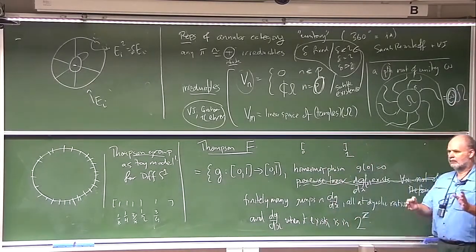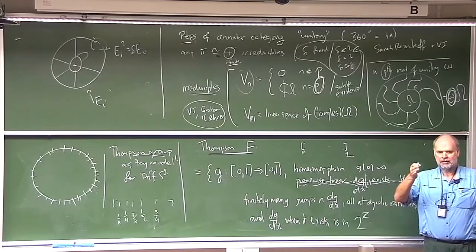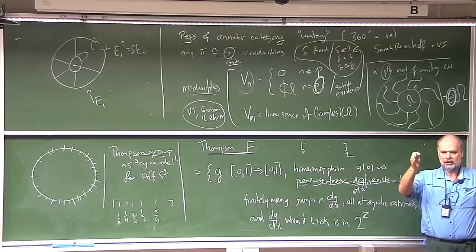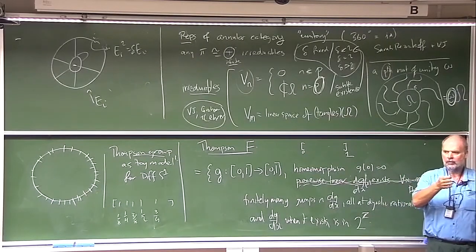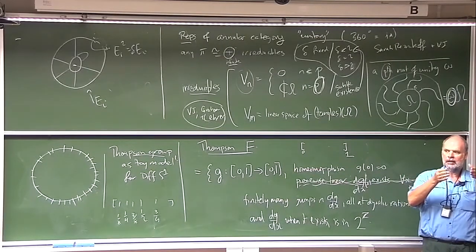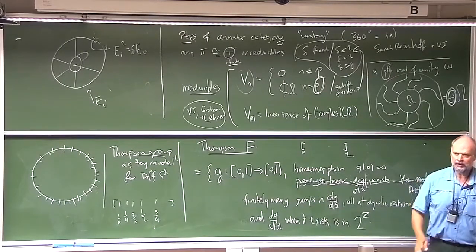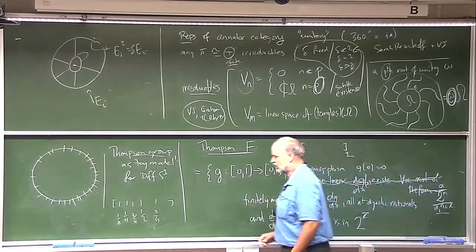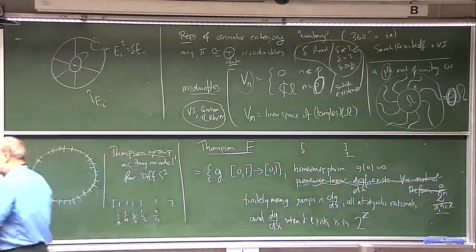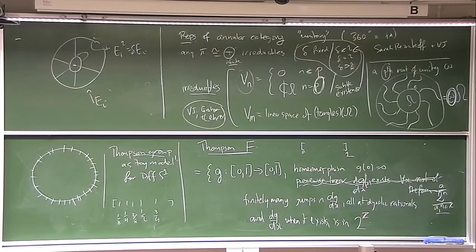Okay, so these are piecewise linear maps, homeomorphisms from the interval to itself, where the derivative is constant on intervals whose endpoints are dyadic rationals, and the slopes themselves are powers of 2. That's obviously a group, and we're going to examine this a little bit.